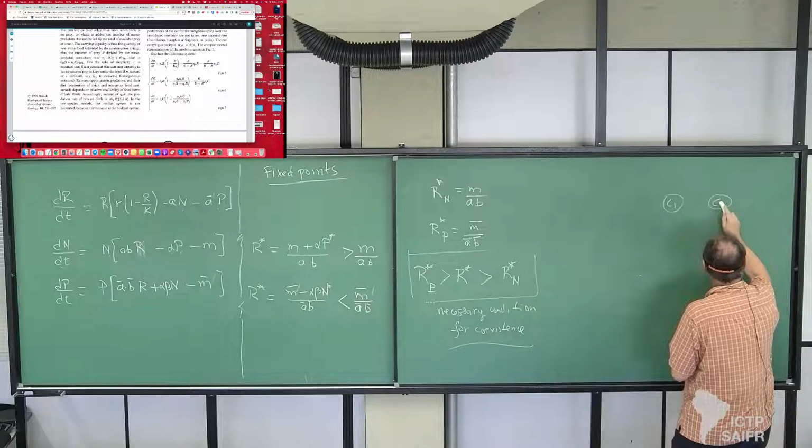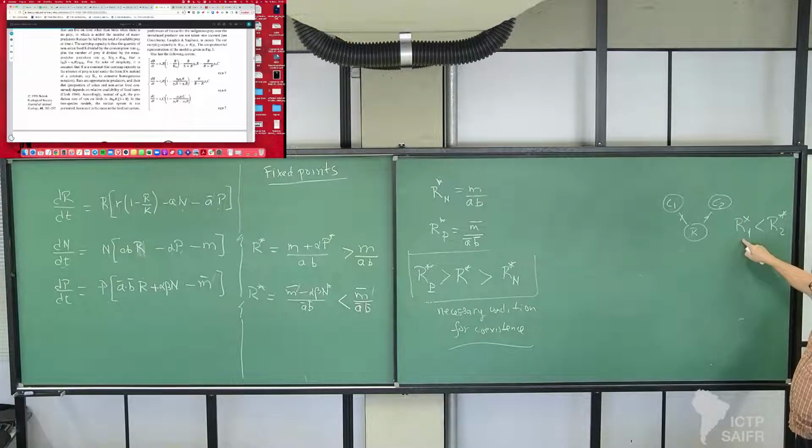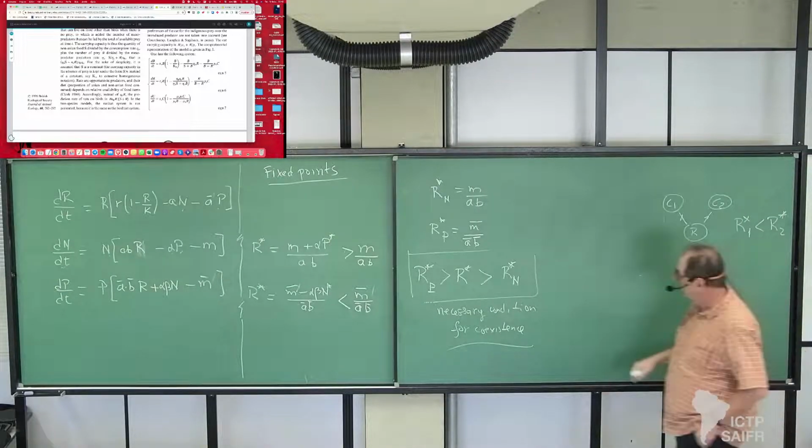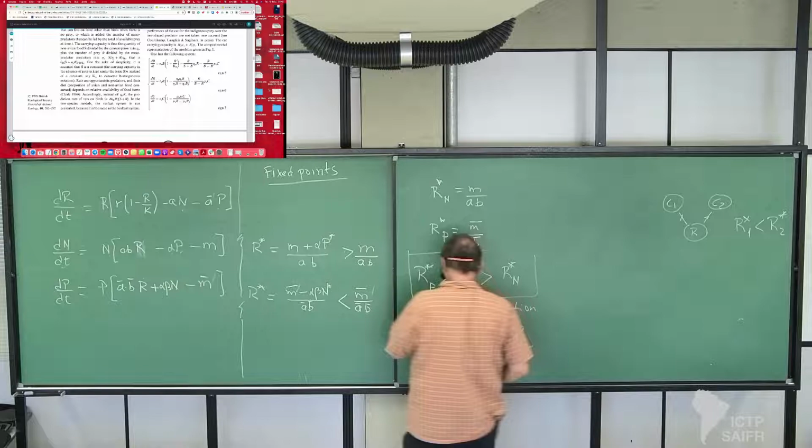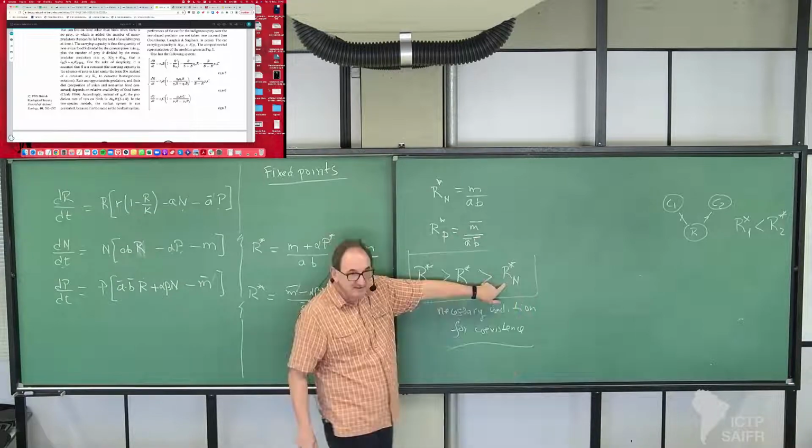It's the best competitor here. It has the smaller value of R. So here, if you forget this, this is the integral prey R star, and this is the integral predator R star. Therefore, the prey is the best competitor.